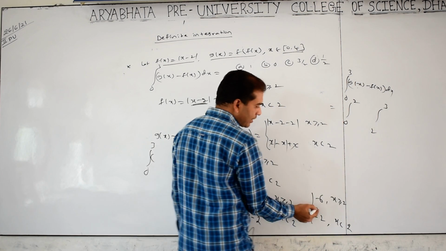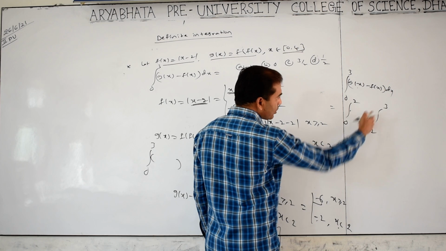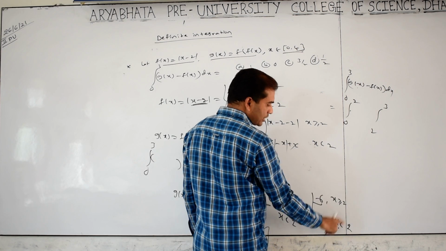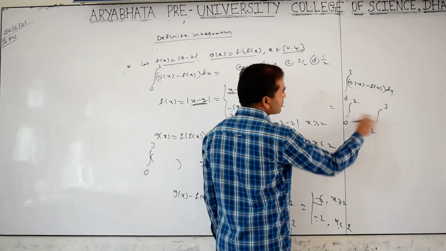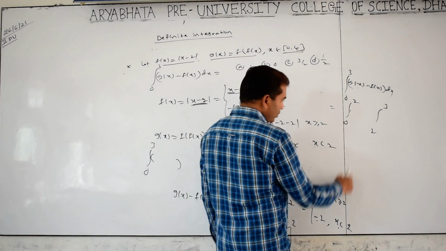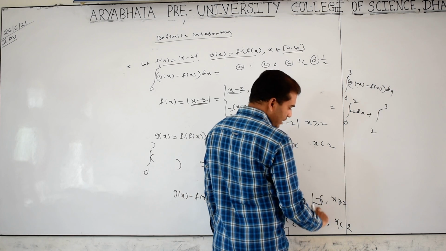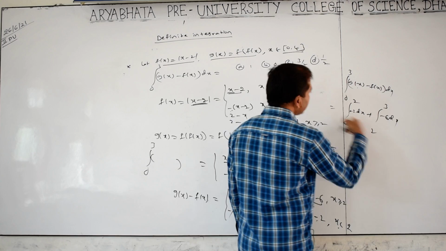From 0 to 2 it is minus 2 dx, plus from 2 to 3 it is minus 6 dx. Substitute and find this integration, and you get the answer.